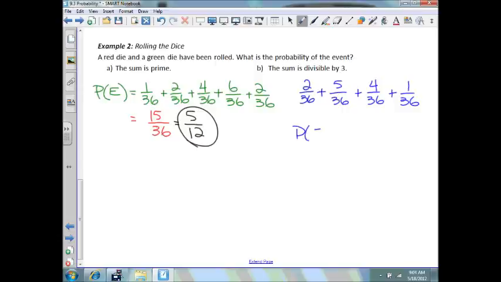So the probability of my event is 12 over 36, which reduces to 1/3. So the probability that the sum is divisible by 3 is 1/3.